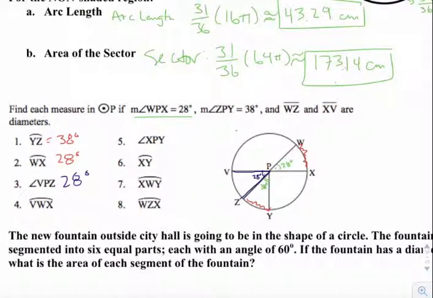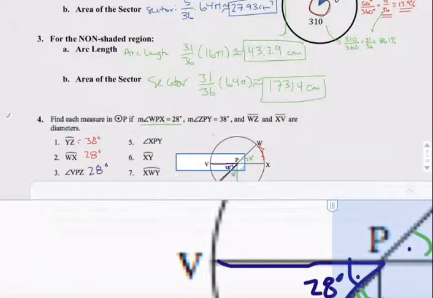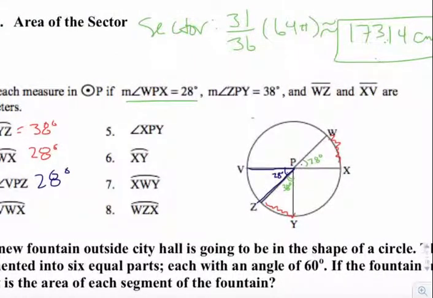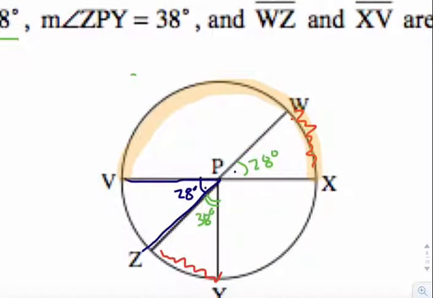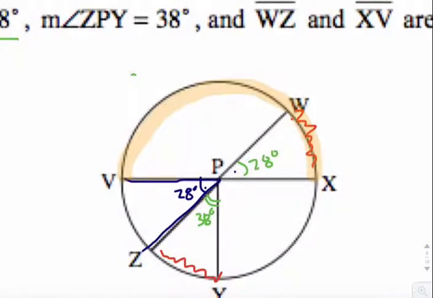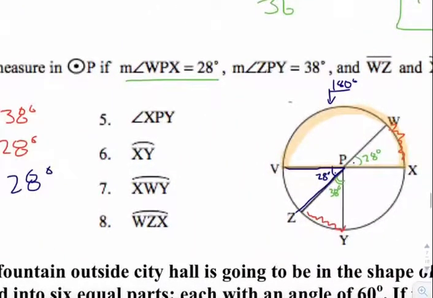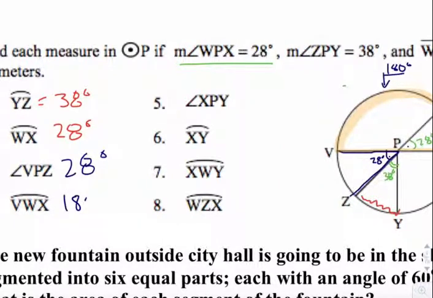So we want the arc that starts with V, goes through W, and ends at X. Now this is interesting because it was told in our directions that VX is a diameter. A diameter has 180 degrees, which means that this has to be 180 degrees. This isn't surprising because the whole circle is 360, and if VX is a diameter, it covers half of it, which makes this 180 degrees.